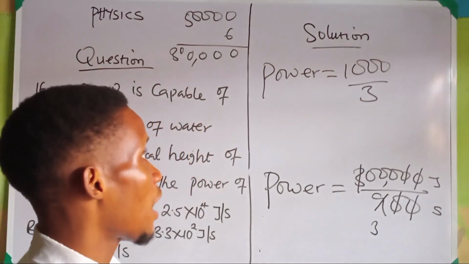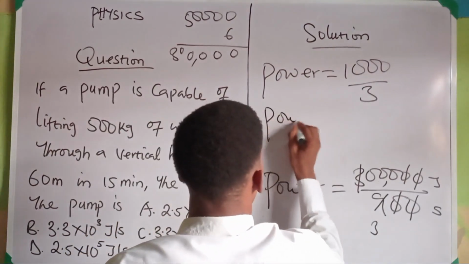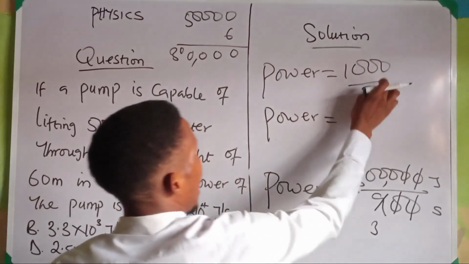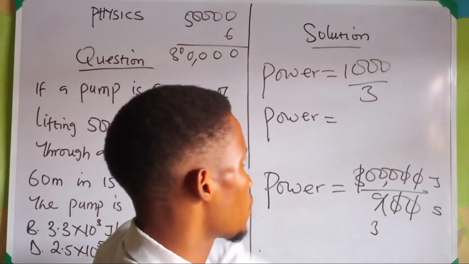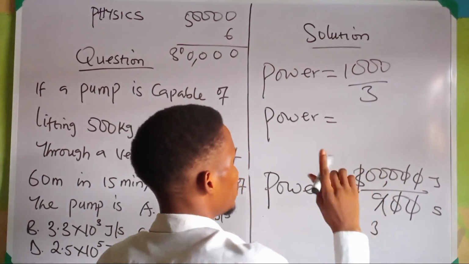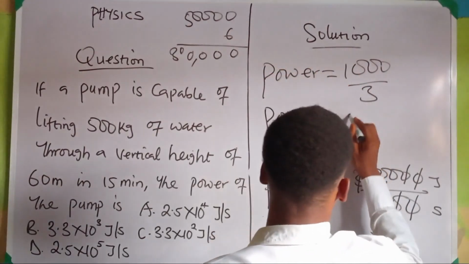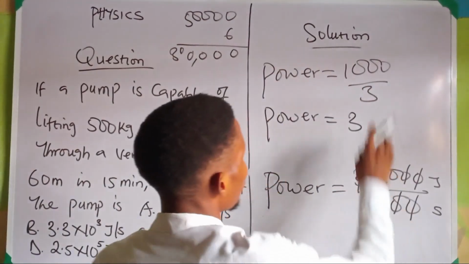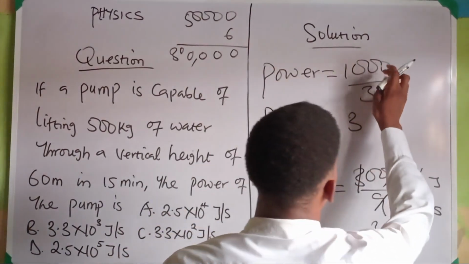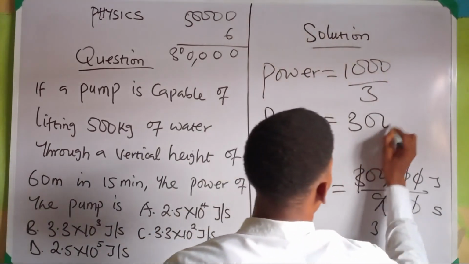But for me, I will go by this: power now is equal to how many 300 is in 1,000. So that means we're having 3. Then 3 times 3 is 9, that is 900, so 3 times, we're having 300.